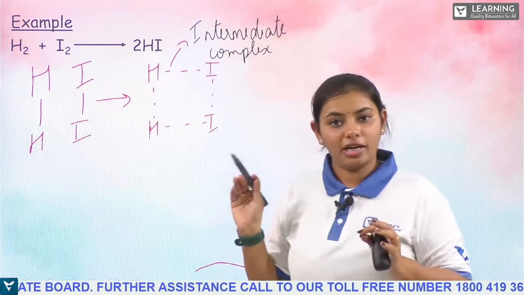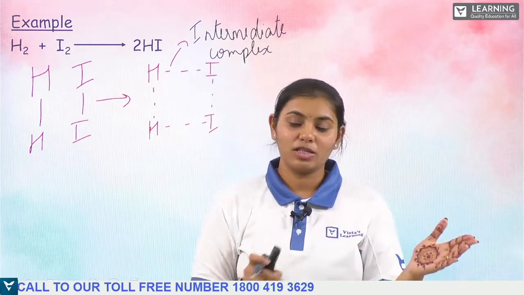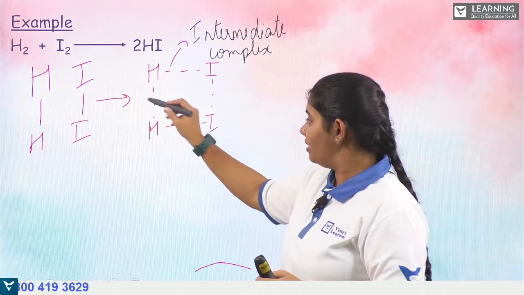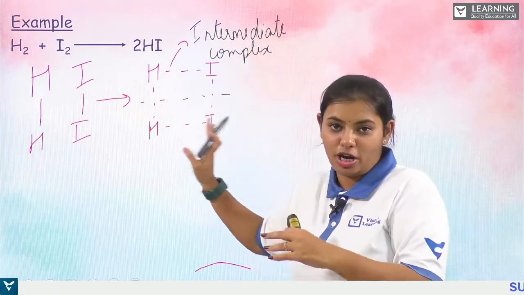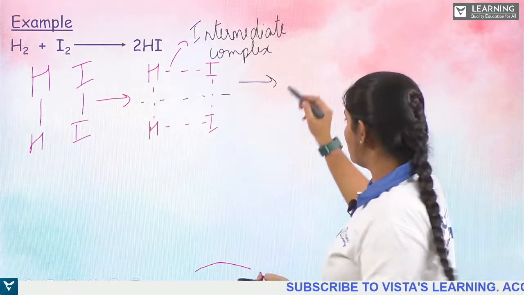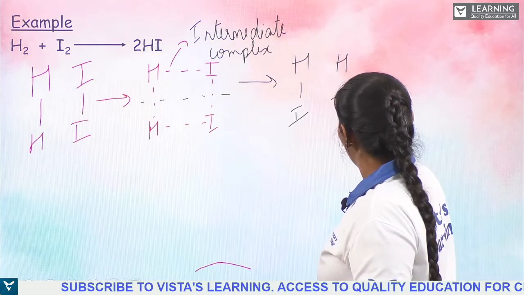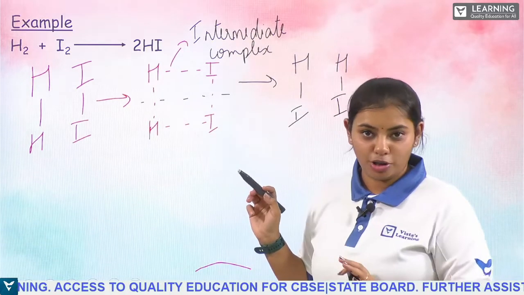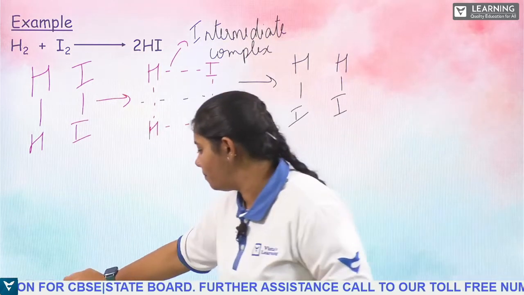So once the intermediate complex is formed, there's bond breaking as well as bond forming happening. The hydrogen bond breaks, this bond breaks, and hydrogen iodide forms, two molecules. That is when we can tell the product has been reached. That's why we have given 2HI here. This is how the reaction is going to be taking place. Now we will see that in the form of the graph.